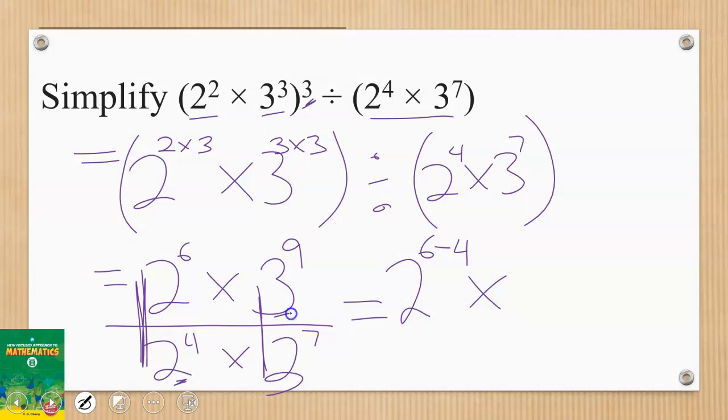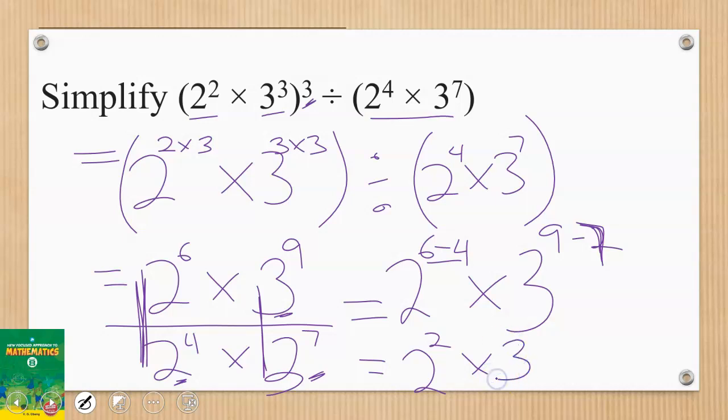Then 3 is also dividing 3, so that will be 3 exponent 9 minus 7. In a nutshell, we will say 2 exponent 2 here because 6 minus 4 is 2, times 3 exponent 2 because 9 minus 7 is 2. And since the bases are not the same, we'll leave our answer as such.